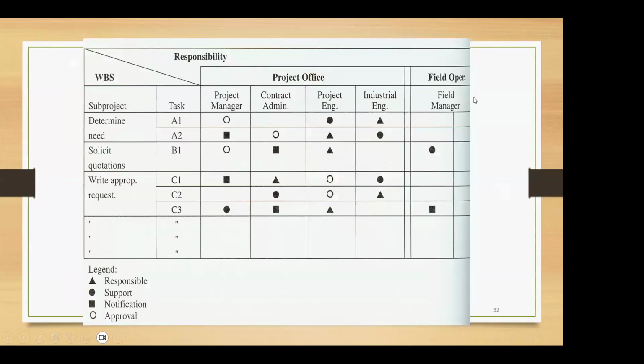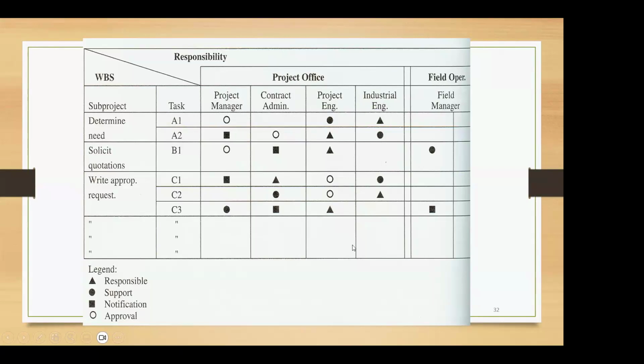So this is another example that we can take. In your WBS, you have the sub-project, determine the need. You have 2 tasks, A1, A2, solicit quotations, B1, write appropriate request, C1, C2, C3. In the project office, you have 4 people: the project manager, contract administration, project engineer, industrial engineer.